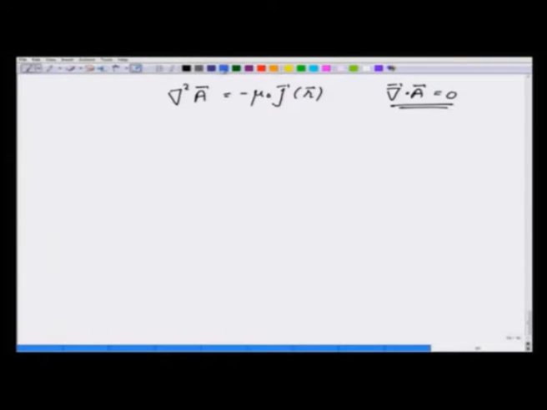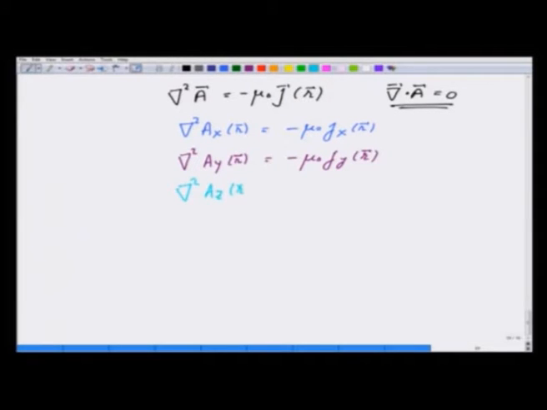What it means is that each component: del square A_x is equal to minus mu naught J_x(r), del square A_y at r is equal to minus mu naught J_y at r, and finally, del square A_z(r) is equal to minus mu 0 J_z(r).